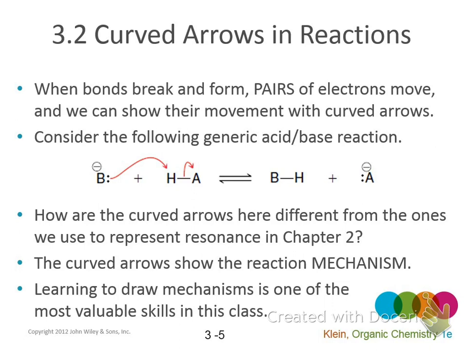Very technical. To get the proton, I have to take it away from him. But if I don't take it from him, he won't give it to me because I'm not taking it. See, that's the important part. It's the pair of electrons that takes it, and then he lets go of it.